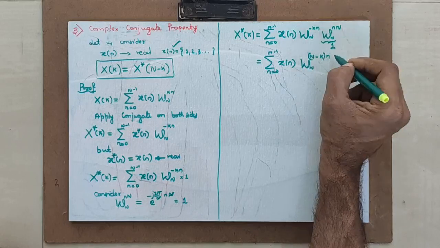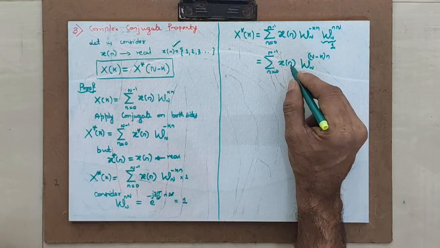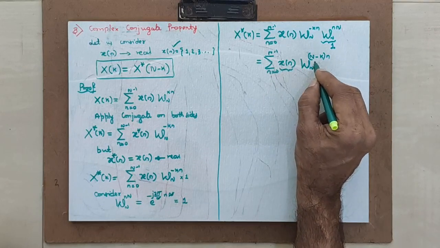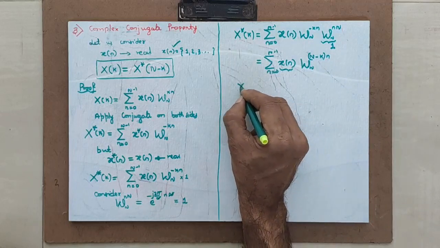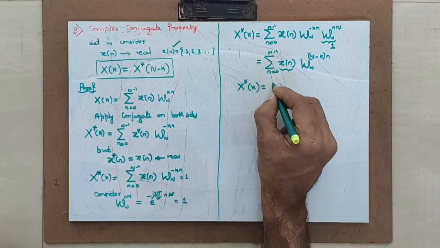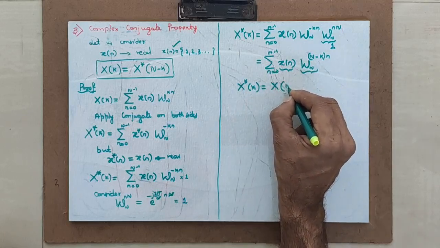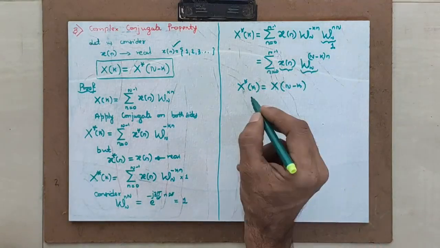Now you see here, originally I had everything the same, but here instead of W_N raised to kn there is N minus k. Hence I can say that this, in terms of its form, is x of N minus k.